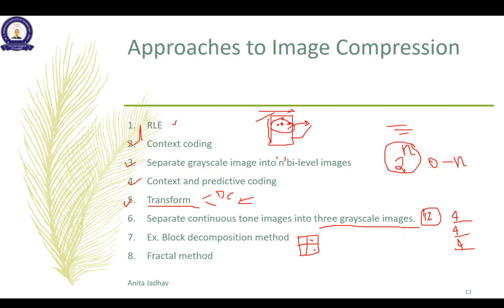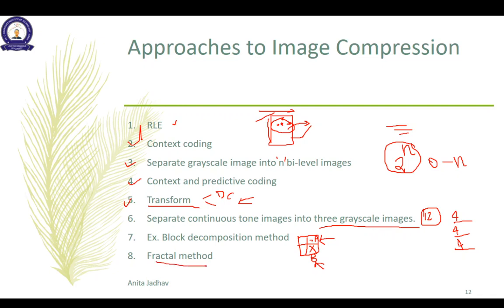Suppose I am trying to compress this particular block and I know that it has appeared before. Suppose this block is B and the earlier block is A. You know that A has been coded before, so in place of B, you just write a pointer to A. This is the block decomposition method.